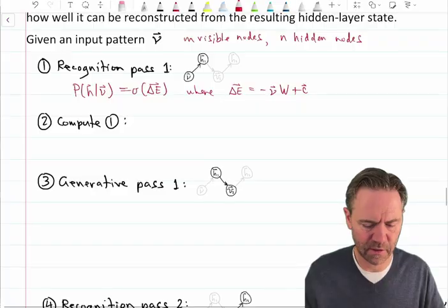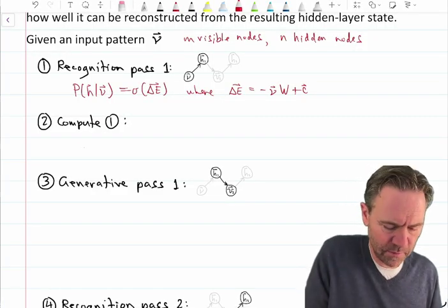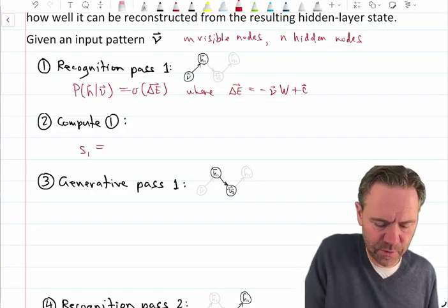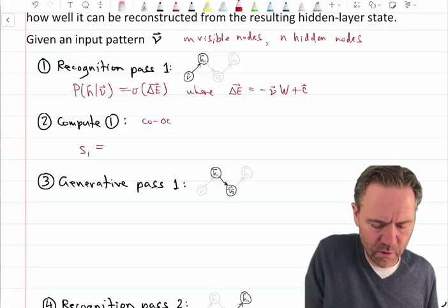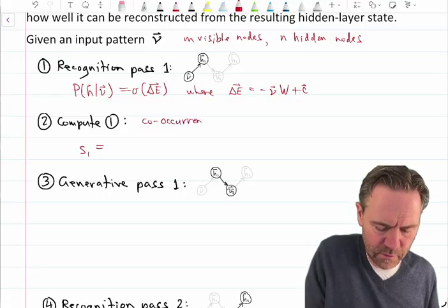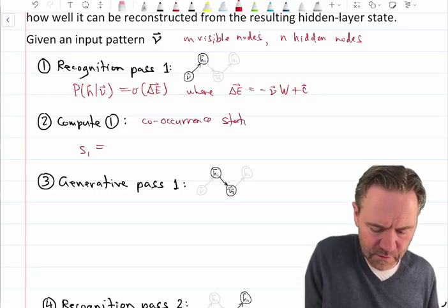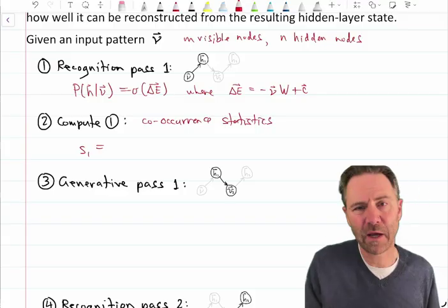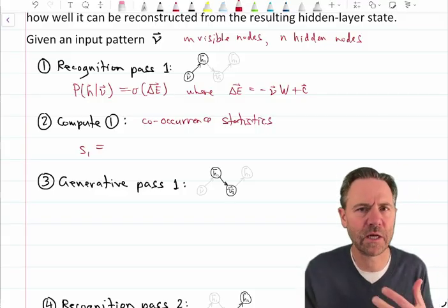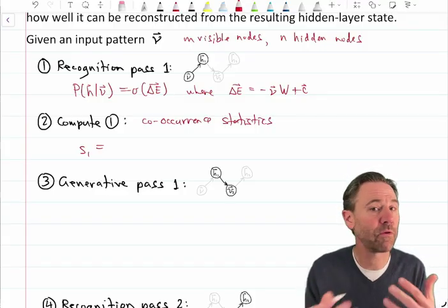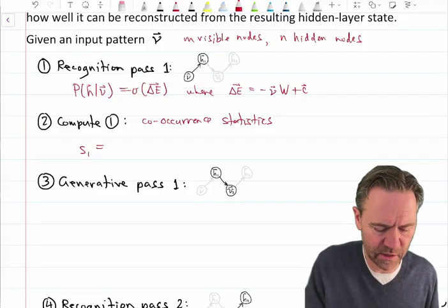in the clamped phase. So I'm going to say S1. S1 is going to be the co-occurrence statistics. It's just a name I came up with. You're basically counting how many times H and V are both on simultaneously. And I'm saving it in S1.